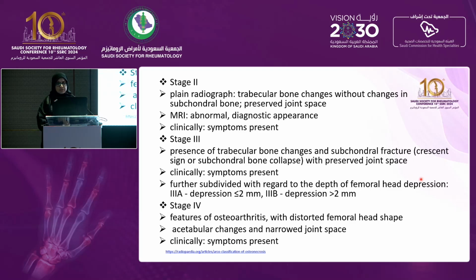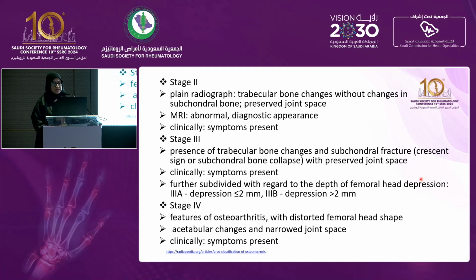Stage 2: the plain X-ray shows trabecular bone changes with changes in the subchondral bone, but the joint space is preserved. MRI is abnormal and diagnostic. Usually these patients are symptomatic.